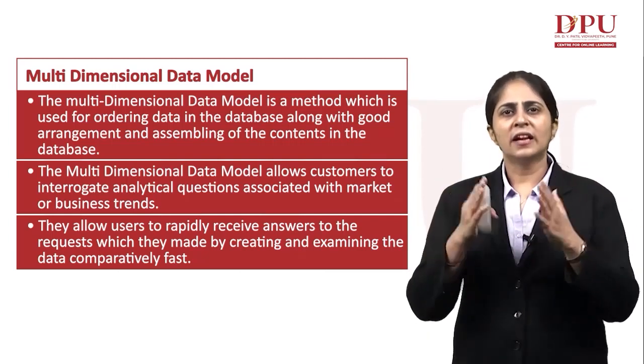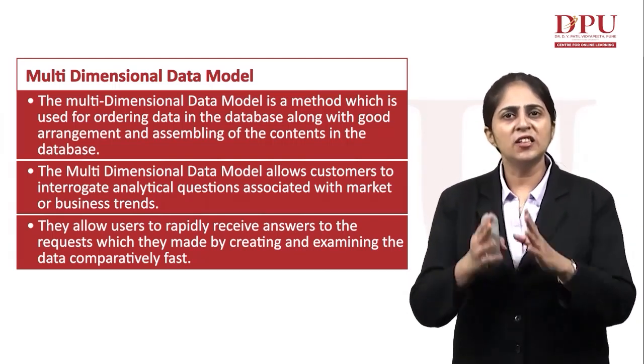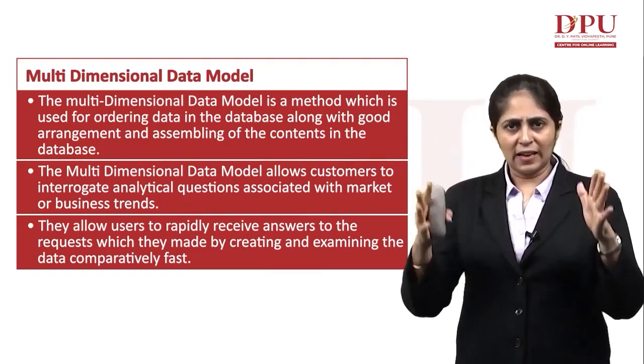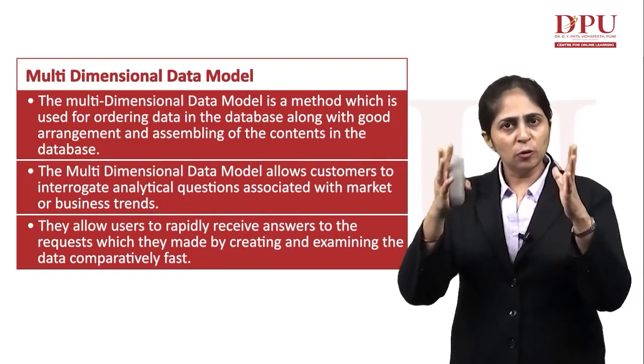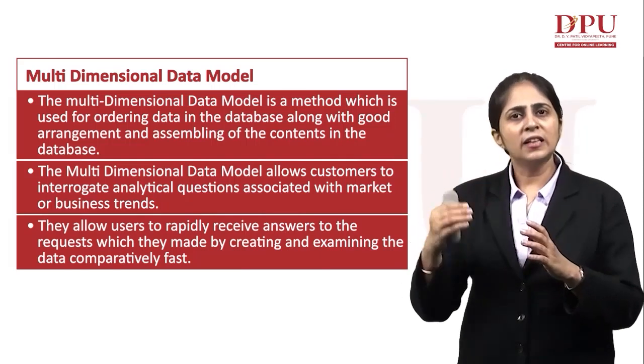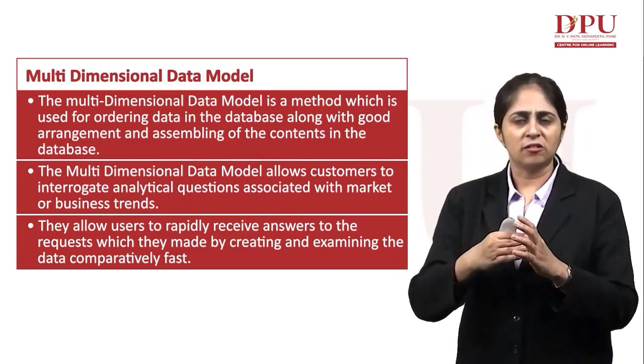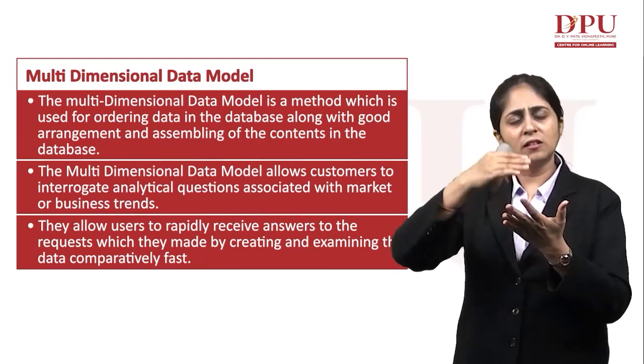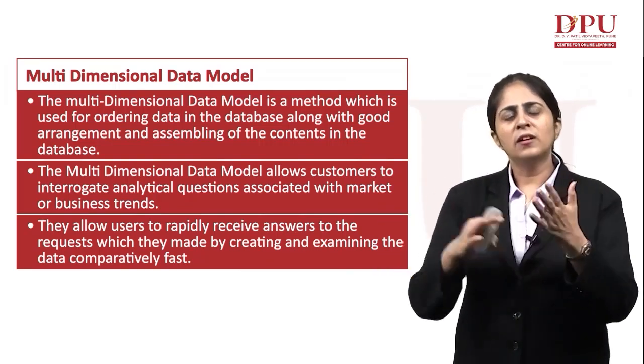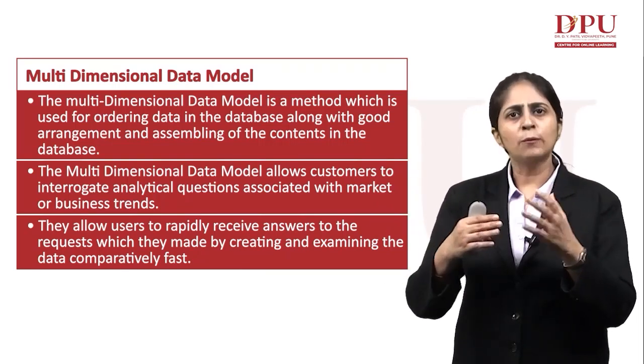It represents the data in the form of a data cube. Like we have a cube, you must know what a cube is. We can view the cube from different directions. This is the top, this is the bottom, this is the left side, the right side.